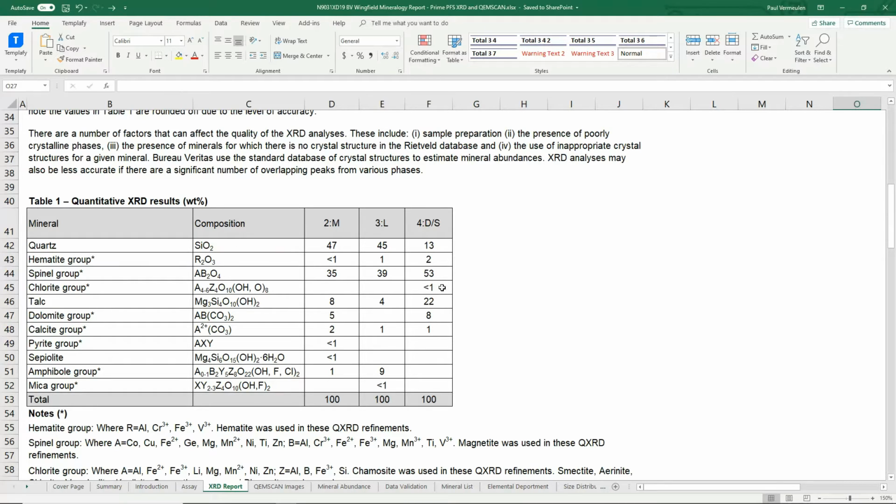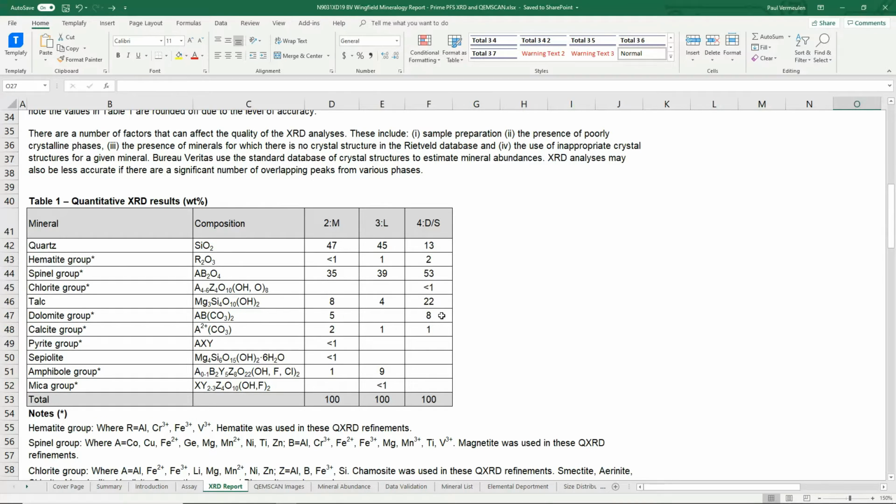Chlorite, very little. We're going to ignore chlorites. Talc, 8 to 22%. Now remember, talc has magnesium and silicon in, together with some OH ions, or combined water, which means that we can actually add a positive LOI from talc.